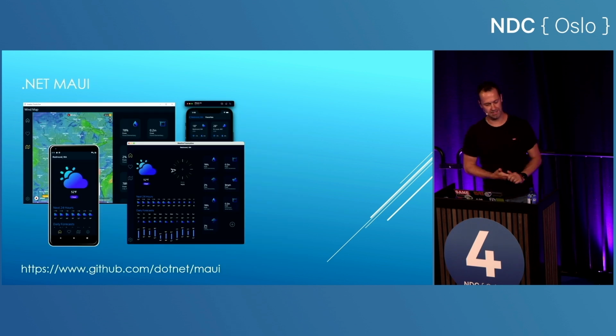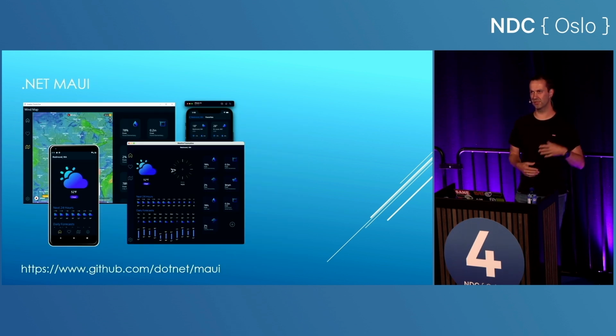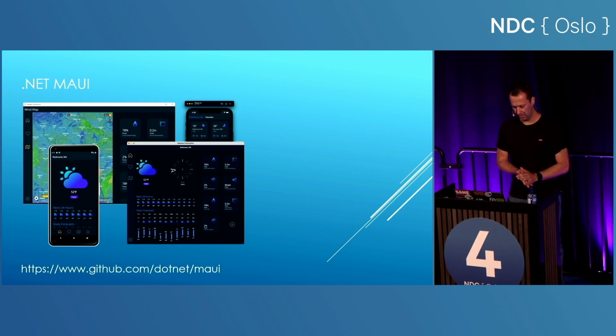Right, kidding aside, Maui is the successor to Xamarin, in particular Xamarin Forms. It's the newest version. It's been around for like 2 years now, I guess. Some of the Maui folks are running around here somewhere.